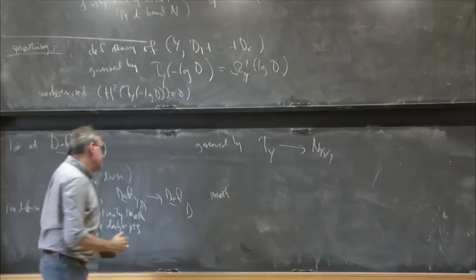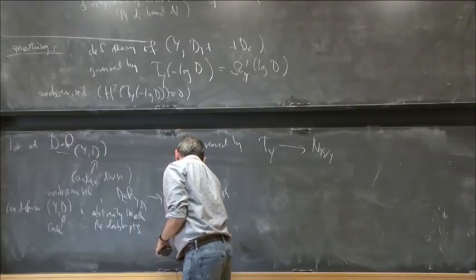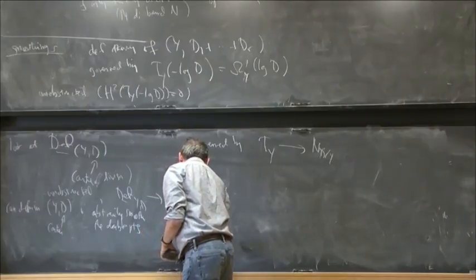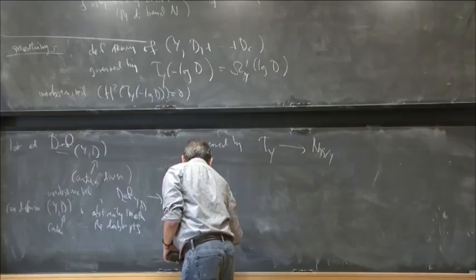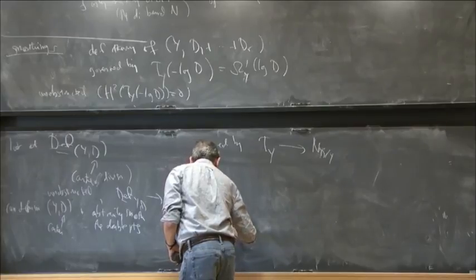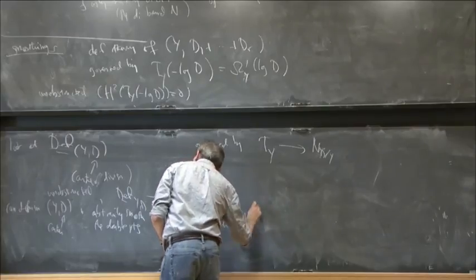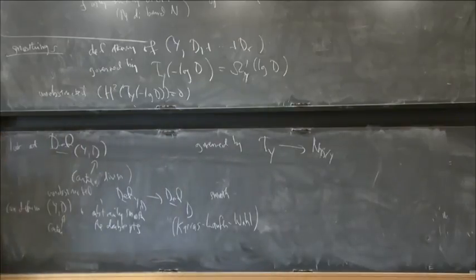Okay, and in a slightly different but equivalent form, this is an old result of Karras, Laufer, and Wall. I should emphasize that all of these deformations occur in the context of a smooth Y; Y remains smooth under this.